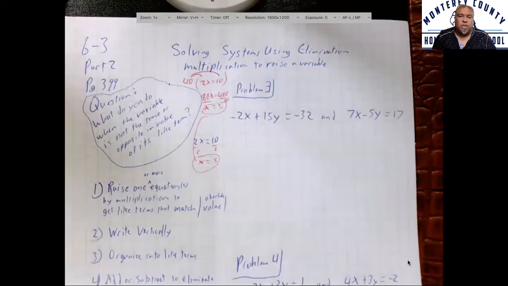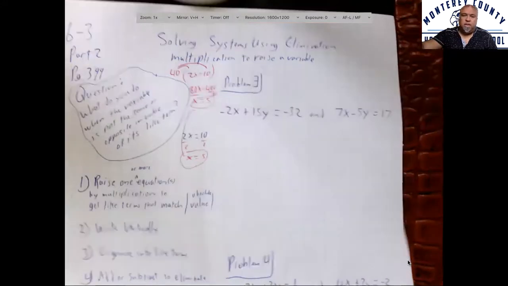So in the same sense, the value of x is going to remain the same. It's going to remain 5. Now, why do I say that? Because in today's lesson, we're going to have to take two equations, and we're going to have to multiply in order to get the answer.